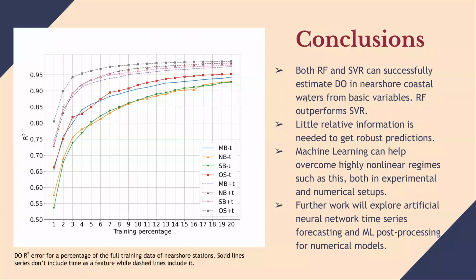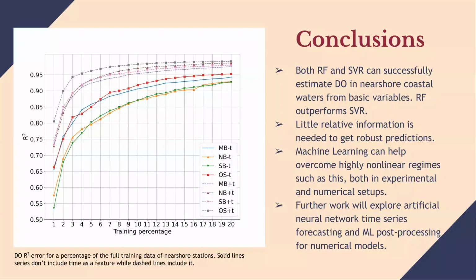So in conclusion, we have found that both random forest regression and support vector regression can successfully estimate the dissolved oxygen content in nearshore coastal waters with basic variables as the predictors. In any case, random forest outperforms SVR, and this is probably due to the more robust nonlinearity of random forest.